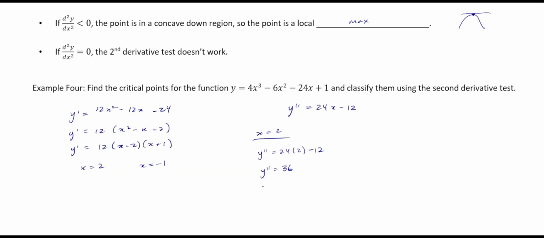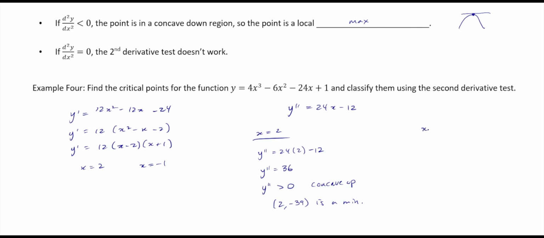And so therefore, y double prime is greater than 0, which makes it concave up. So when x is equal to 2, the region is concave up, but the first derivative is 0. That means that (2, -39) is a minimum.